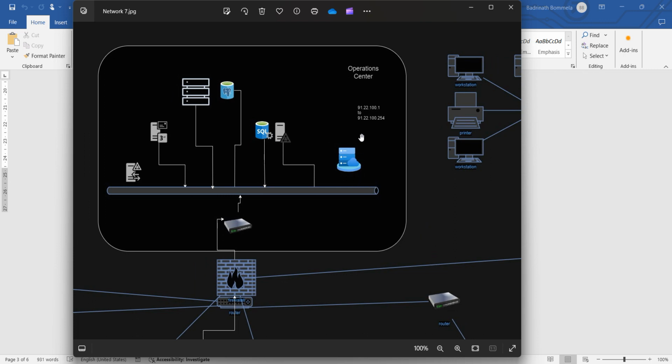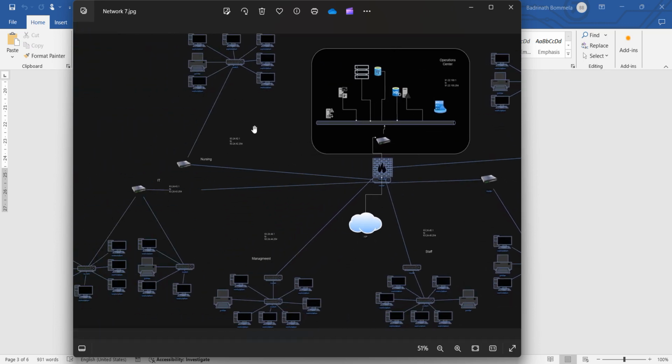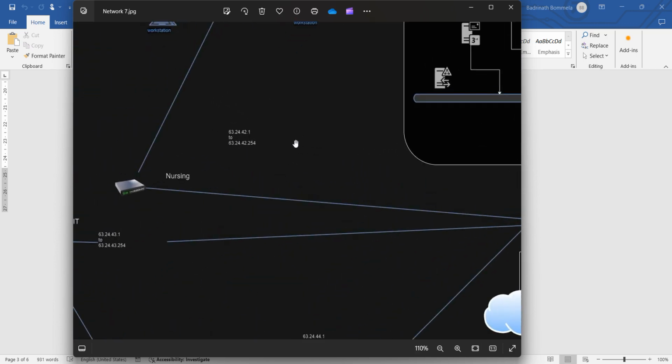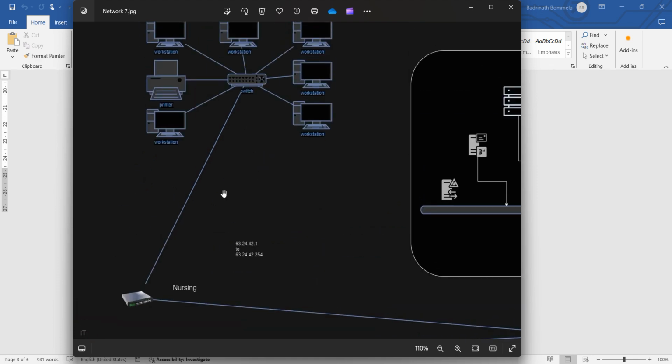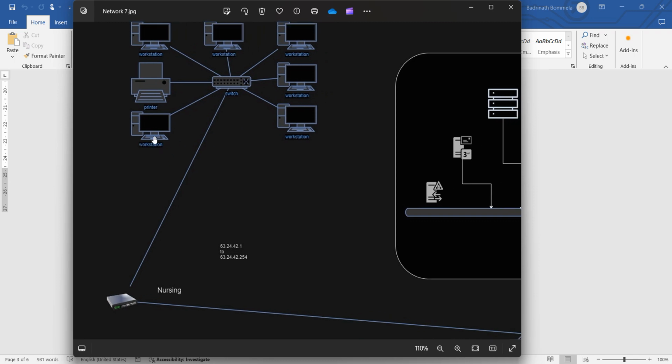Total seven different departments. If you cross check here, for each department separate IP addresses were allocated, and each IP address range can hold 254 devices. It means that for this network, you can attach 254 different systems.